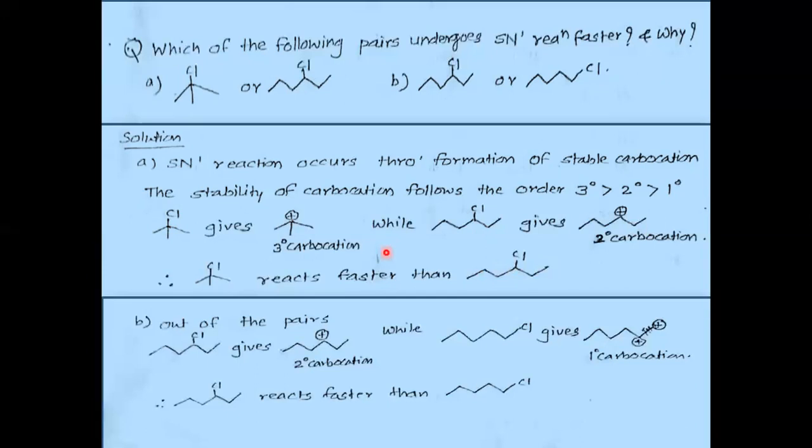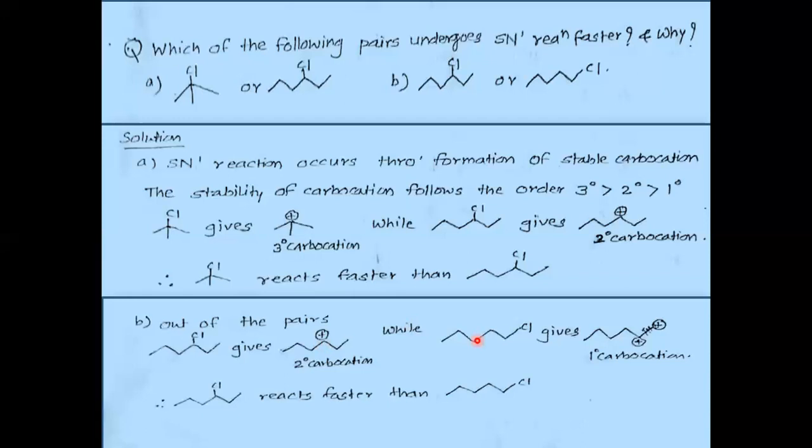Okay. So next, out of the following pairs, CH3CH2CH2CHClCH2CH3 gives a secondary carbocation. When this Cl leaves, the positive charge is formed here, so this is a secondary carbocation.